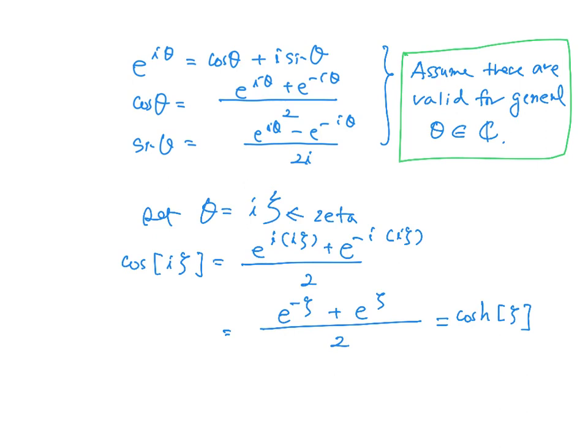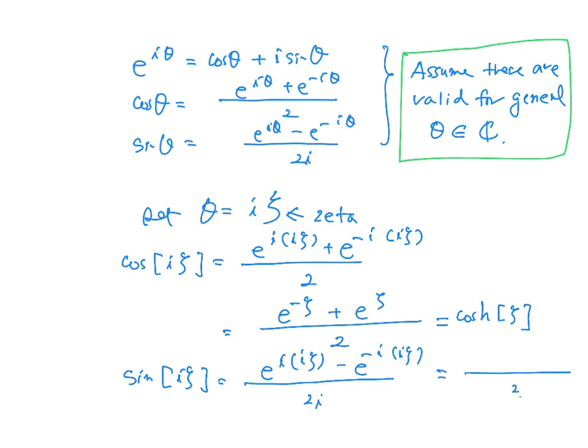And sine I zeta is exponential I zeta minus exponential minus I zeta over 2I, which is exponential minus zeta minus exponential zeta over 2I.